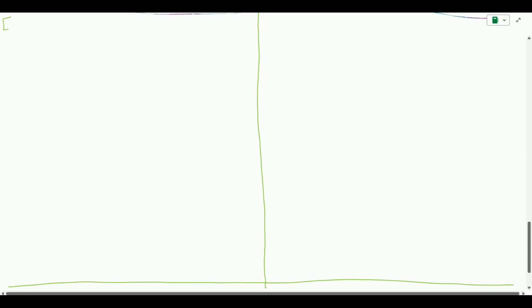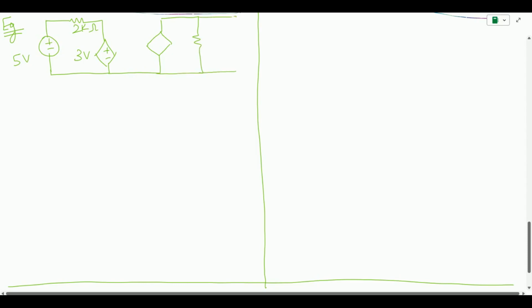For this example, we have an independent voltage source connected with a resistor. Then we have a dependent source, and we are connected like this. So this is a 5 volt, this is a 3 volt, this is a 2 kilo ohm, and then we have another source followed by a resistor, and then we have the terminals A and B, and this is a current controlled source.